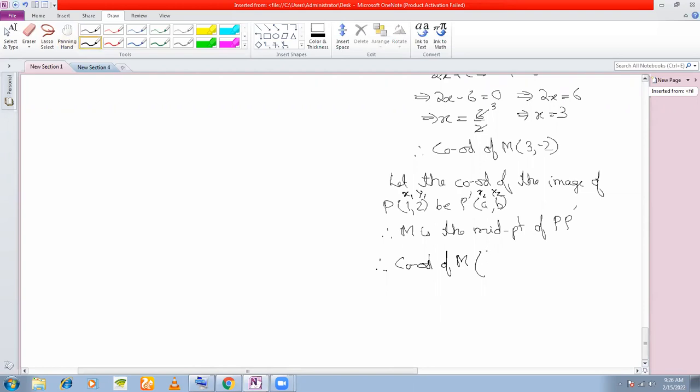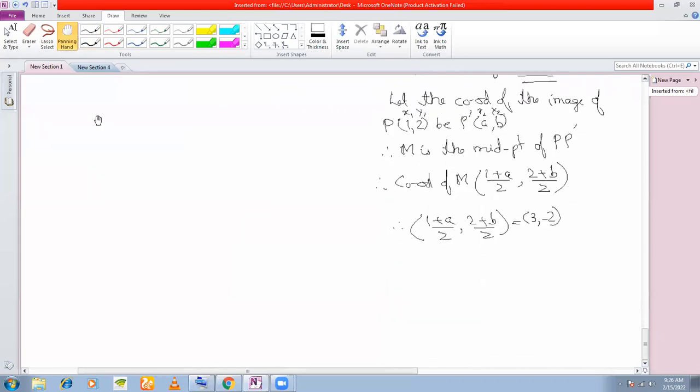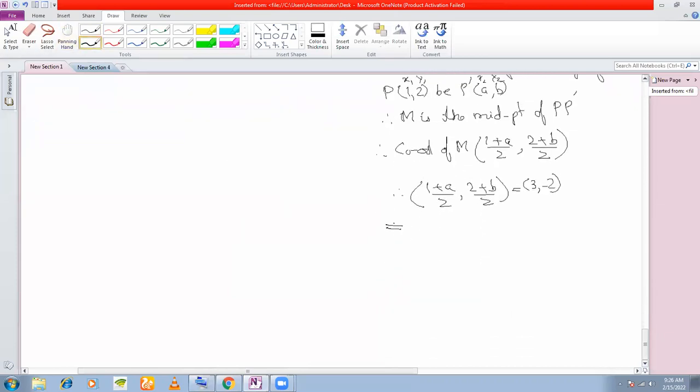It should be x1 plus x2 by 2, y1 plus y2 by 2, right? But what is the coordinates of M we have got? 3, minus 2. So therefore this must be equal to 1 plus a by 2, 2 plus b by 2 must be equal to 3, minus 2. So therefore what do you get? You can solve for a and b from here and get the values of a and b.